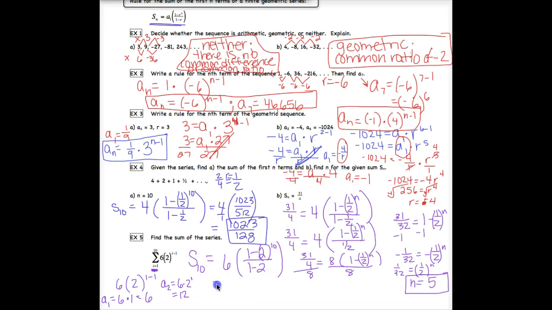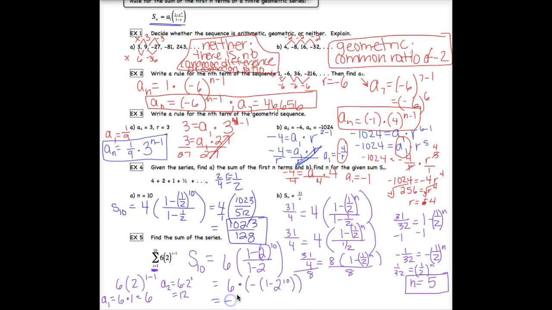So now I just need to simplify. I've got 6. This is just negative 1. So that just means I'm going to make this negative. So negative, and then I've got 1 minus 2 to the 10th.